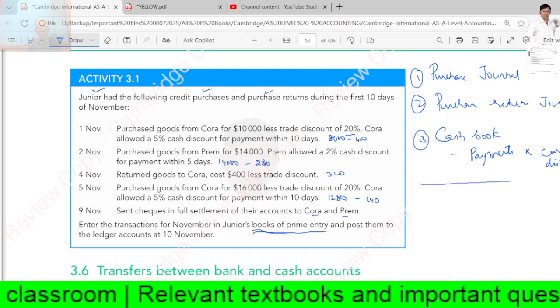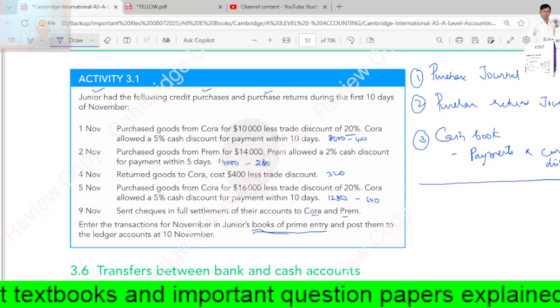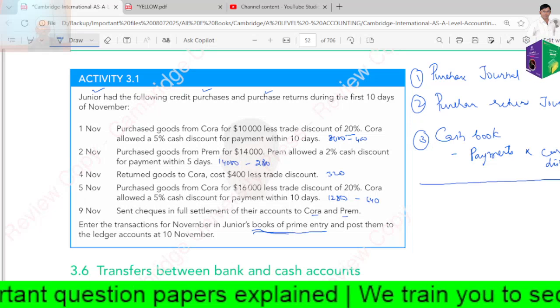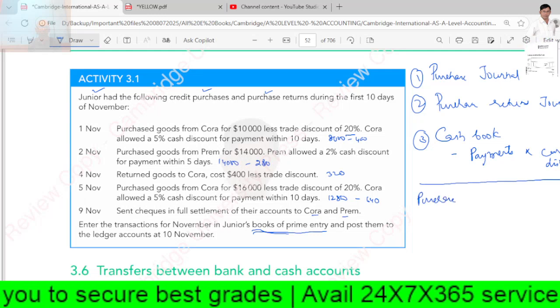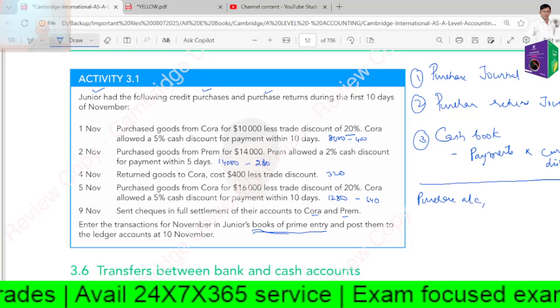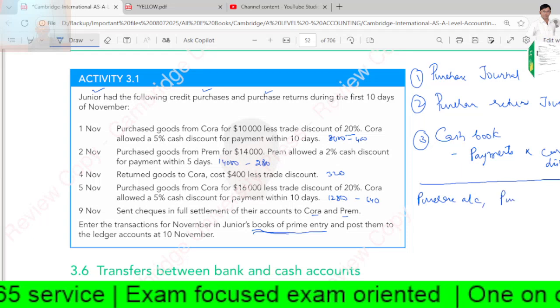So how many ledger accounts are there? So purchase account. Remember, purchase account is different, purchase journal is different. So purchase returns journal, purchase returns account.